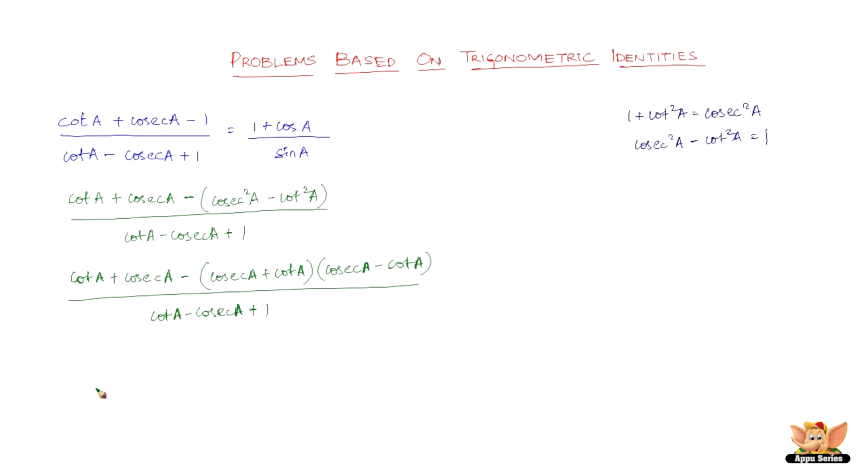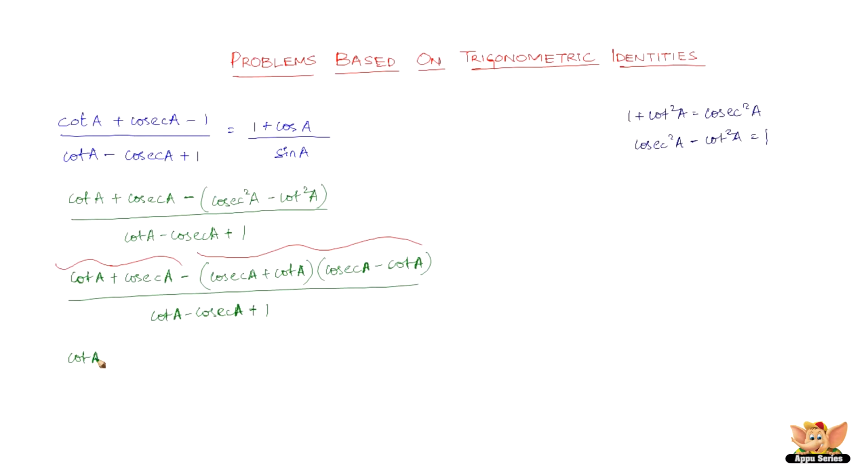Now if you notice carefully, consider this as one term and this as another term, separated by a negative sign. Cot A + cosec A is common in both of them, so let's take it out.